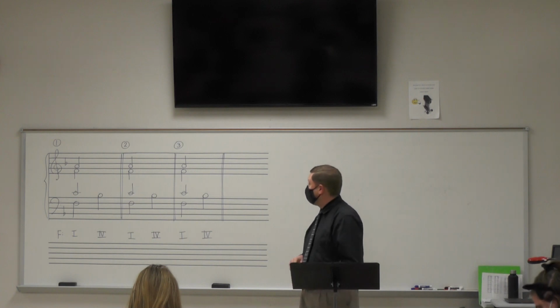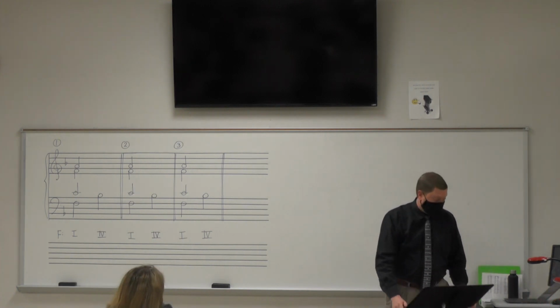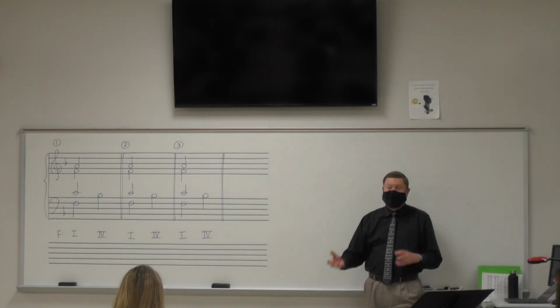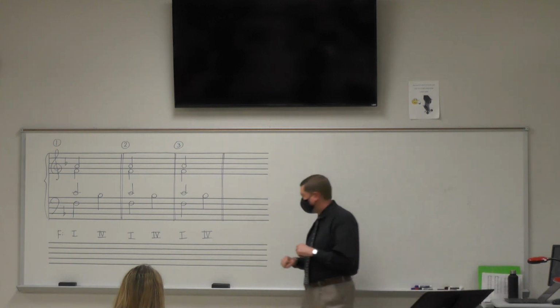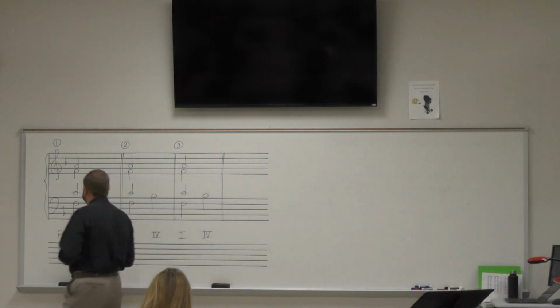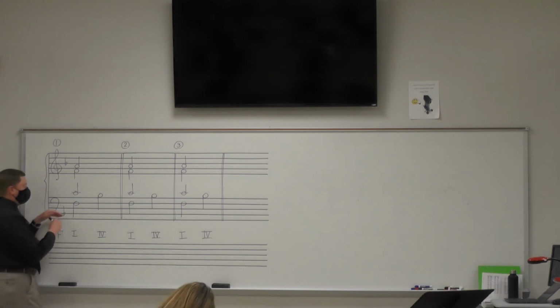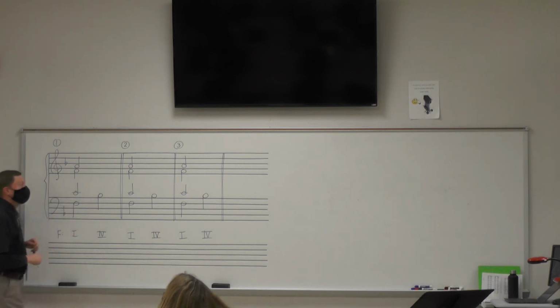And since I have them on the board, it probably wouldn't hurt to review those guidelines maybe right now, and then we'll take a look at the questions that you might have on the homework handout. Okay. So, all of these 3 measures I have up here have root position chords where the roots are actually a perfect fourth apart.